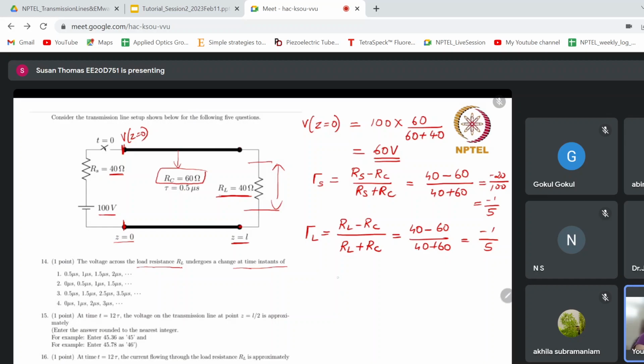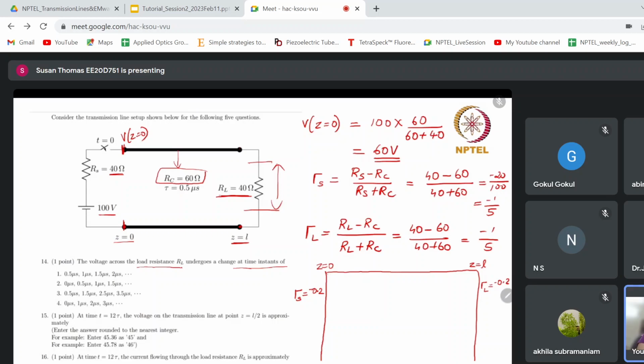Now let's draw the voltage bounce diagram. Say this is Z equal to 0 and this is Z equal to L. This is the source end, so I will write gamma S is equal to minus 0.2, and this is the load end, so I can write gamma L is equal to minus 0.2.